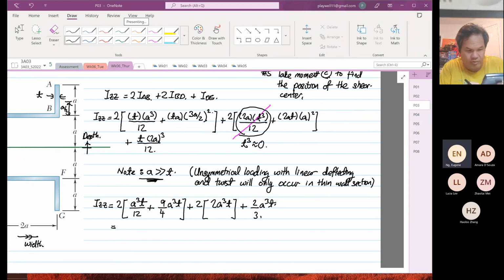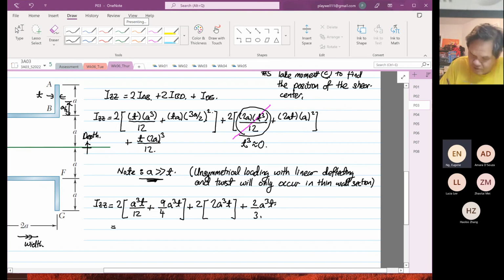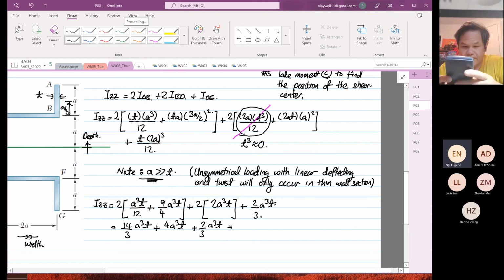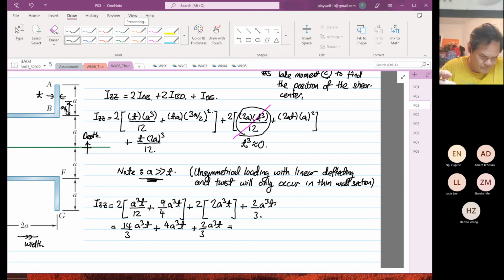Wait, 1 over 12. What am I doing? Plus 9 over 4 times 2. 14 over 3 A cubed T plus 4 A cubed T plus 2 over 3 A cubed T. So this will be equal to 14 over 3 plus 4 plus 2 over 3. So I got 28 over 3.